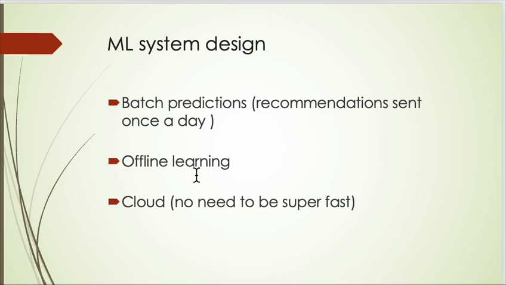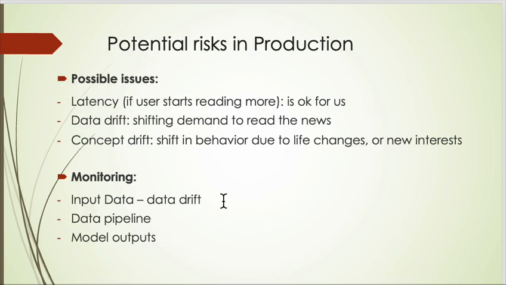In terms of the ML system design, those will be batch predictions because we would like to send the recommendation just once a day. Because of that, it's okay to have an offline learning and to have it in the cloud because we don't need to be super fast or instant. Of course, we can have some potential risks in production, for example, latency if the users start reading more, but that's okay for us.